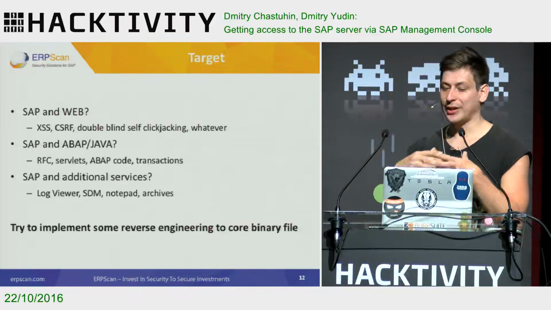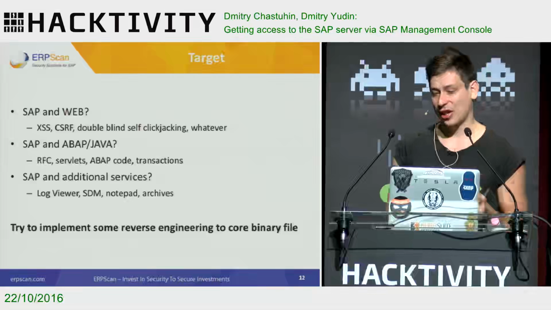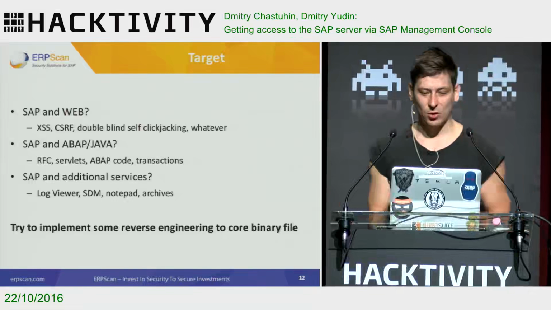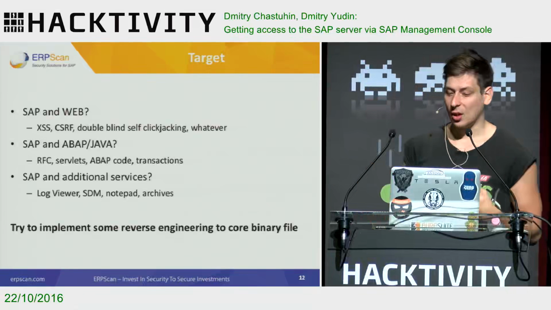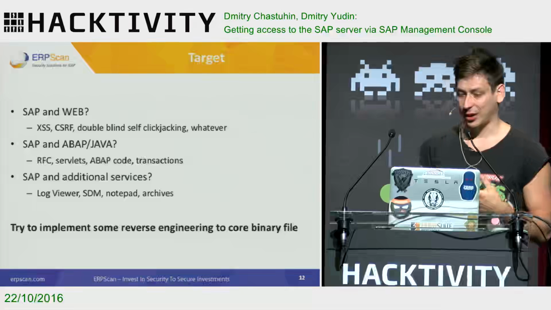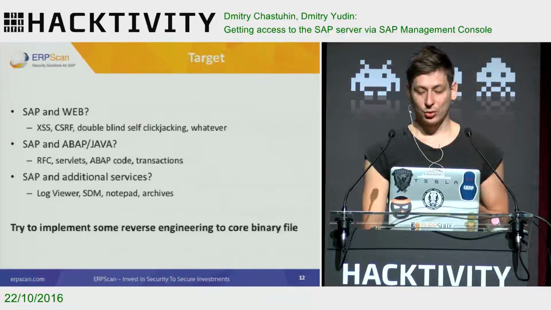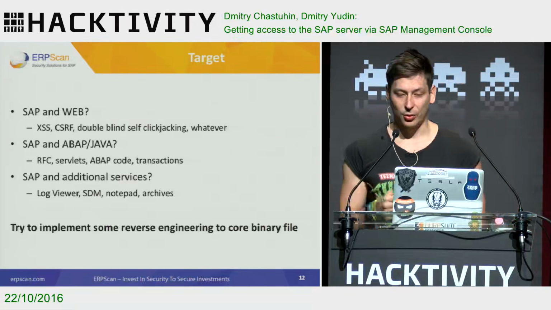We can try to attack via issues in Java servlets, transactions, and mistakes in ABAP code. Or we can use vulnerabilities in additional services of SAP like log viewer, software deployment manager, etc. But we decided to look at the binary level of the SAP core application.